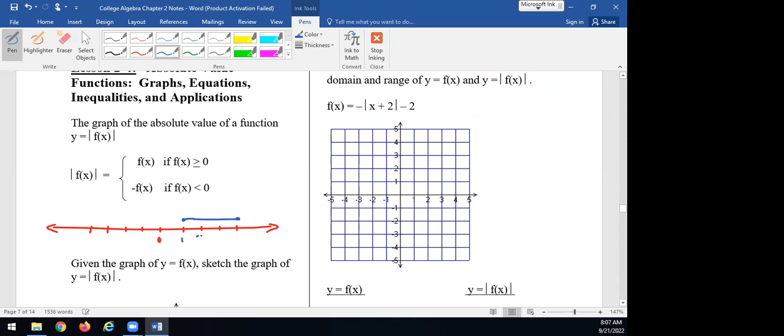So that's 1, that's 2, that's 3, that's 4. What's the distance of this line? What is it? 3, very good. So what we're going to say is that the absolute value would be equal to 3.